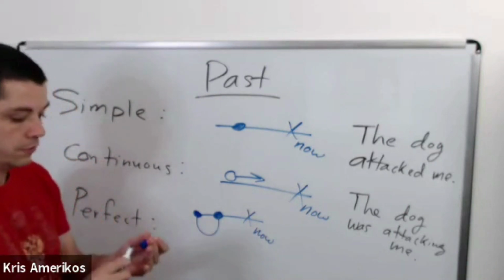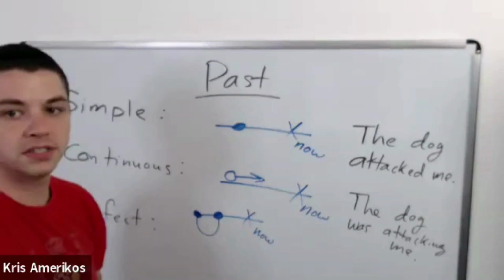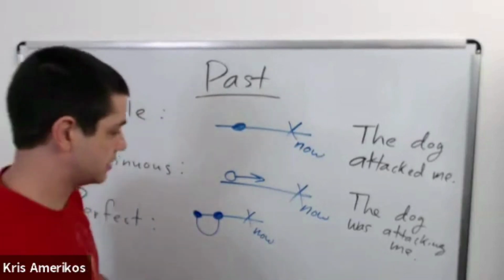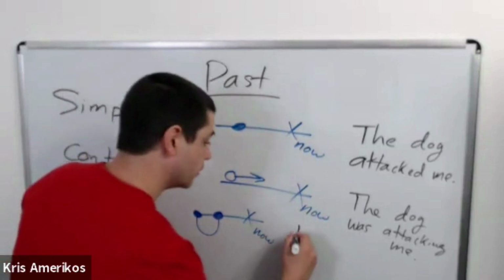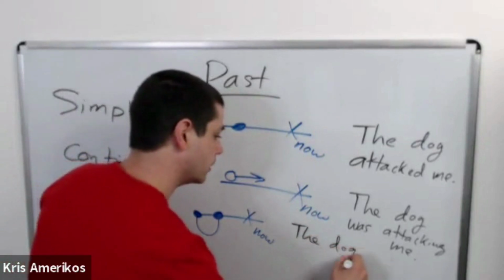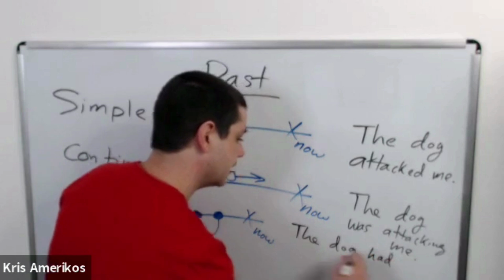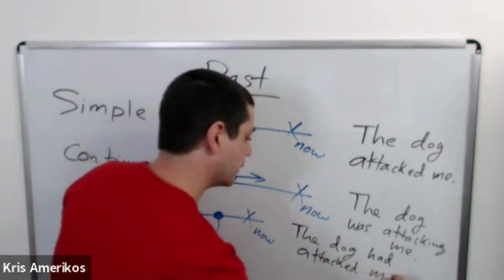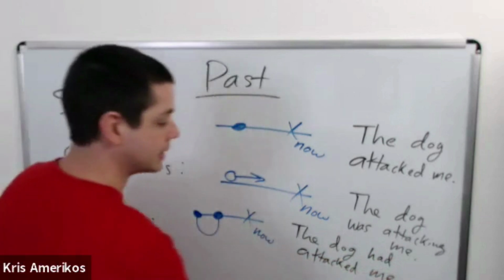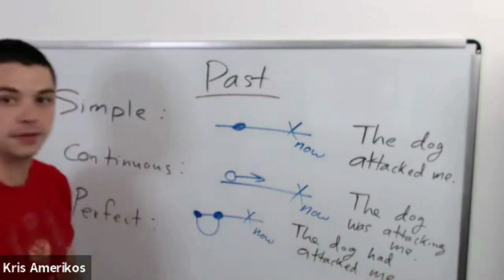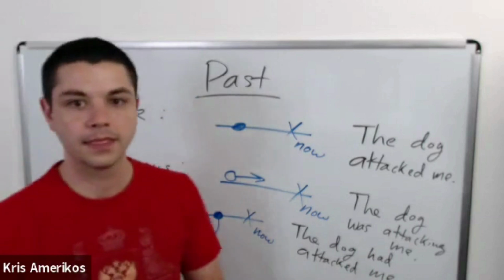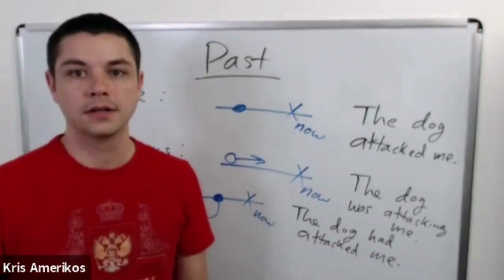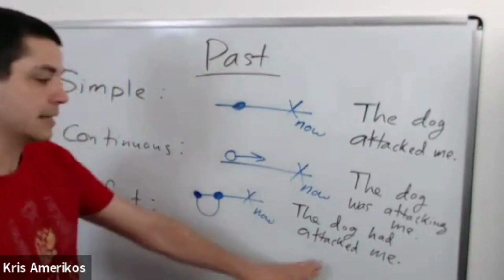So, for example, I wanted to use a sentence as an example. Let's use this one. The dog had attacked me.